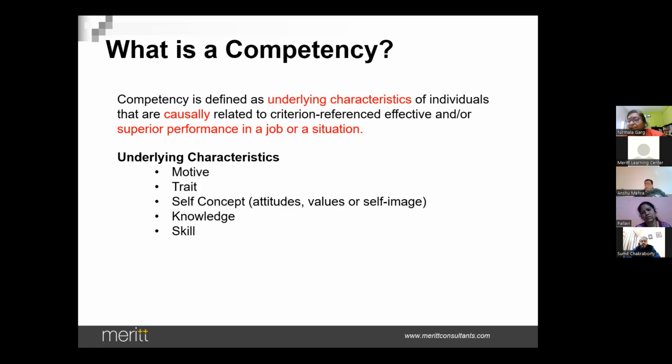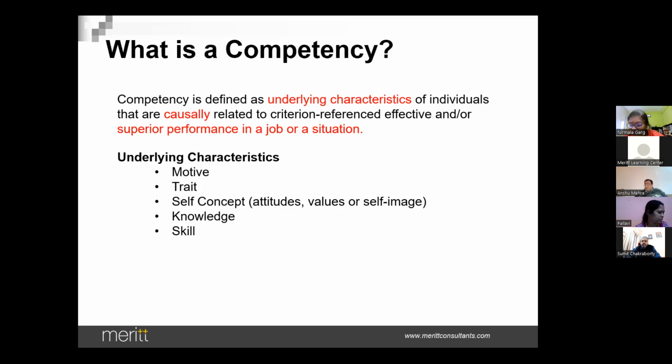If he has it, that person will be able to resolve, mentor or coach more employees. That means unresolved cases will become zero. Very clear? So that is what it says when I say a competency.